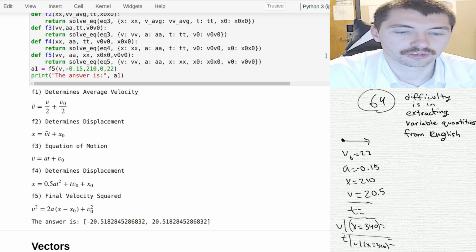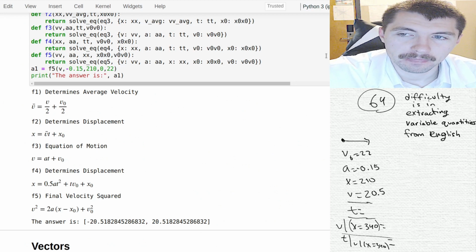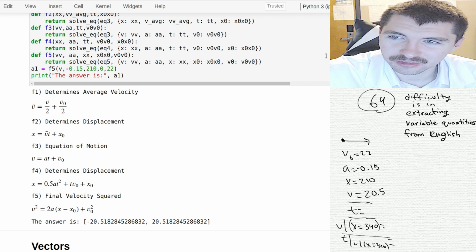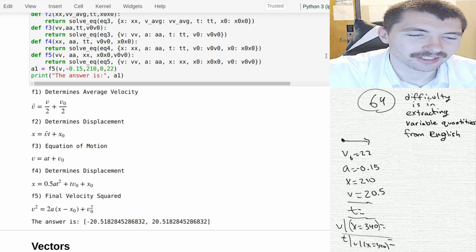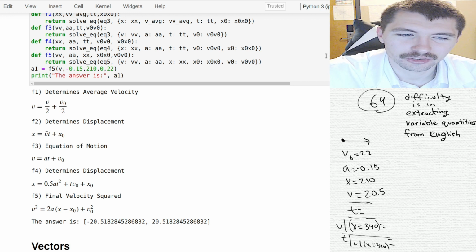Okay. Does that seem right? It's like it barely slows down at all. Okay, well I guess we'll just do it and then we'll get a second opinion.